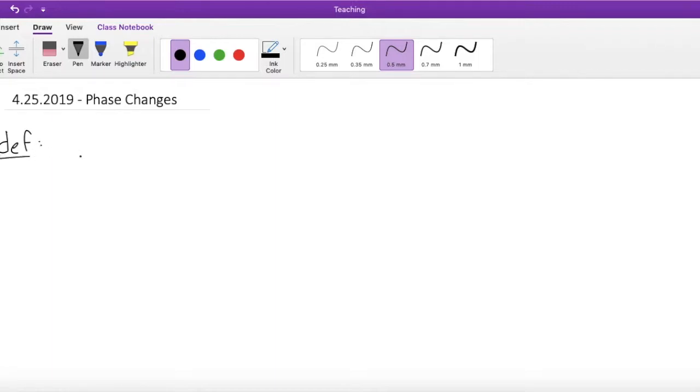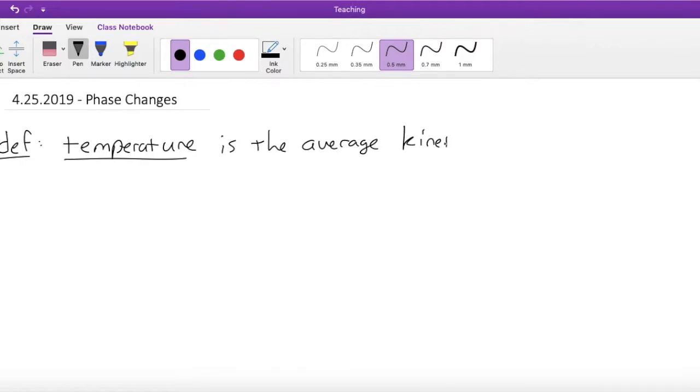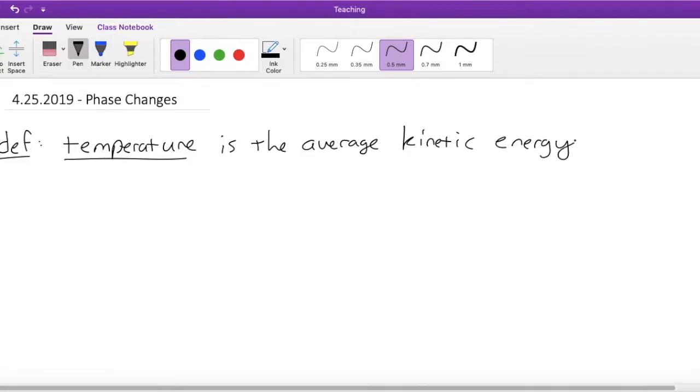Definition. Okay, temperature. You know that the higher the temperature, the hotter it feels, but what does that actually mean on a molecular level? Temperature is the average kinetic energy of particles in a sample. Well, kinetic energy, that means movement.